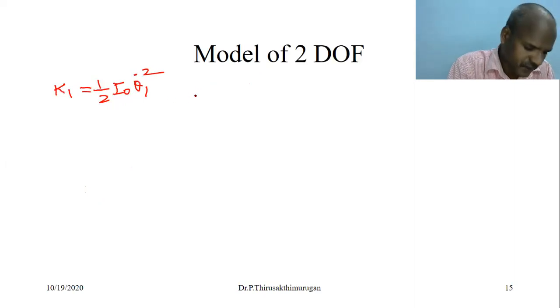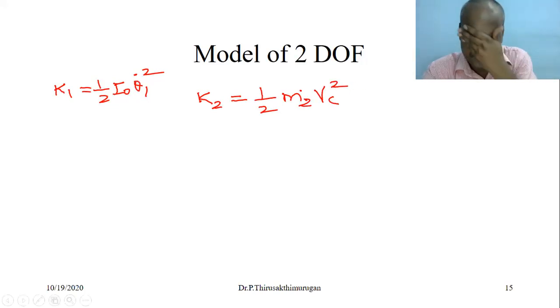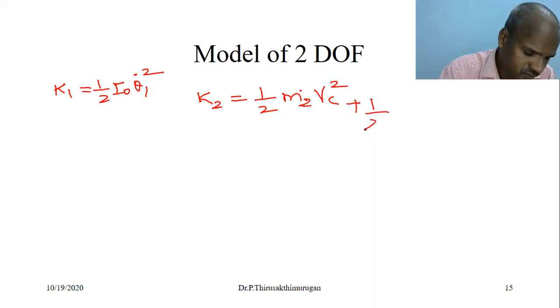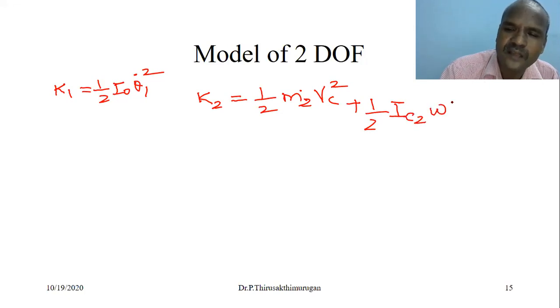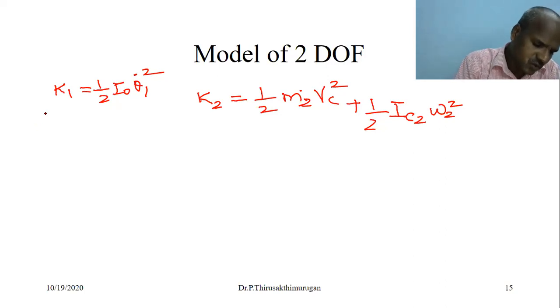For link 2, kinetic energy K2 equal to half M2 VC2 square, plus half IC2 omega 2 square, where VC2 is the velocity of the link at its center and omega is the angular velocity. So this depends on XC2 and YC2.